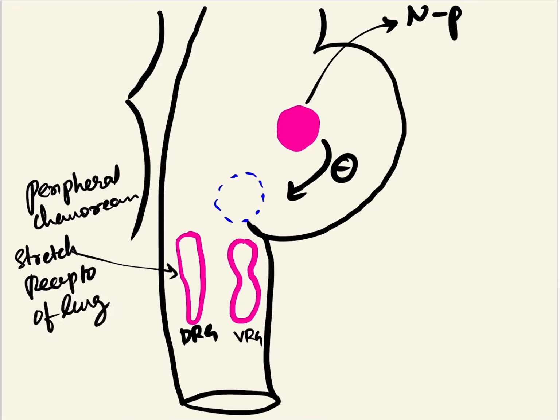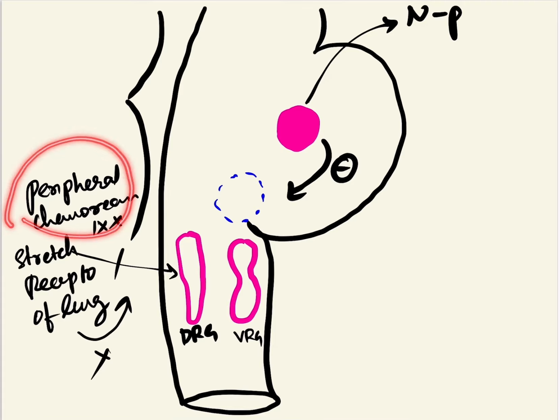It receives these impulses via the ninth and 10th cranial nerves, and the stretch receptors via the 10th cranial nerve. So from the peripheral chemoreceptors and baroreceptors, impulses come to the dorsal respiratory group via the vagus nerve and the glossopharyngeal nerve, and from the stretch receptors of the lung, the impulses go to the DRG via only the vagus nerve. So the impulses have come here.